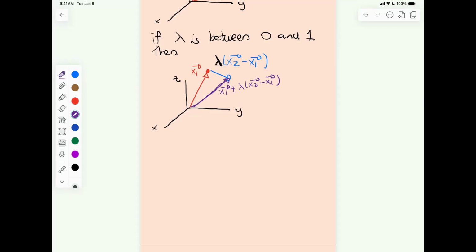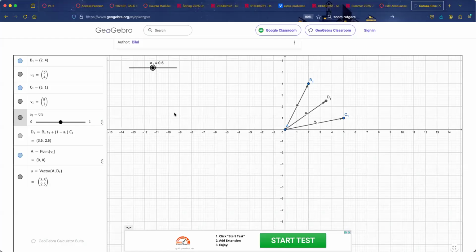I think it's less confusing just seeing it first on an animation. So you see, we go... Well, I could have done it before, but that's okay.